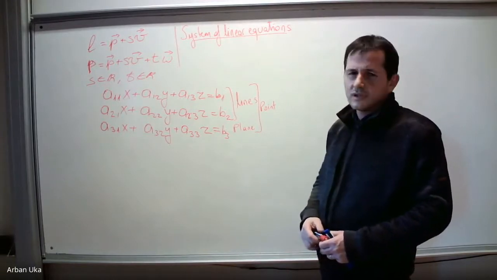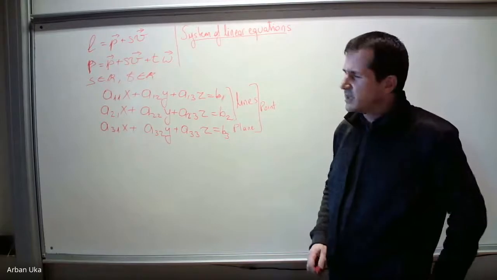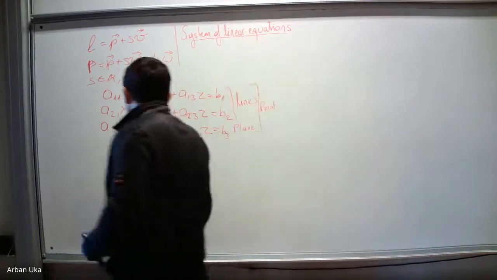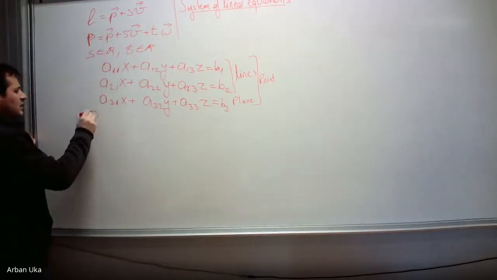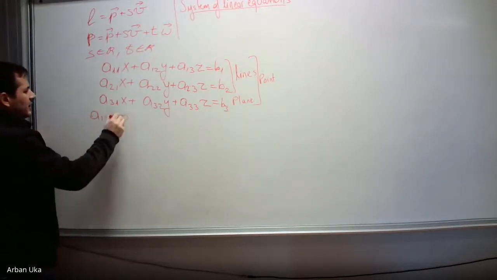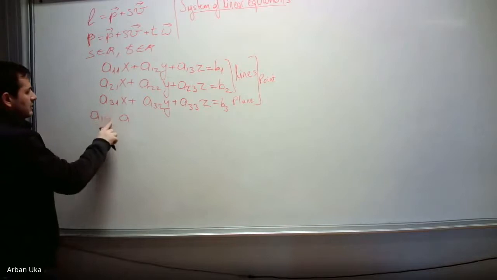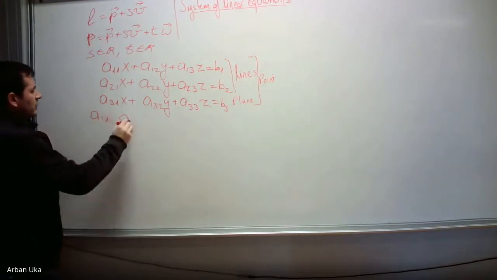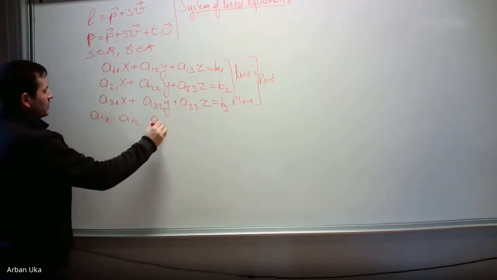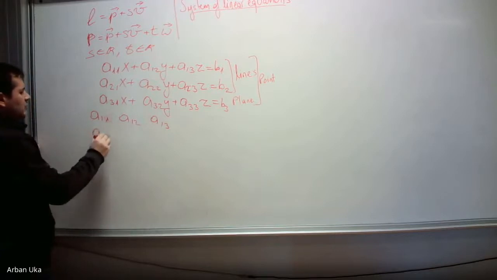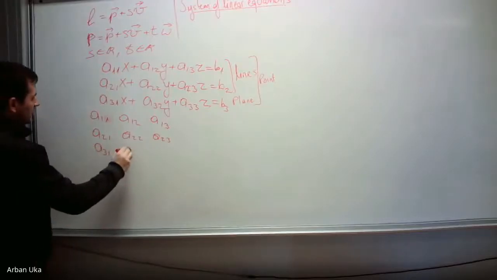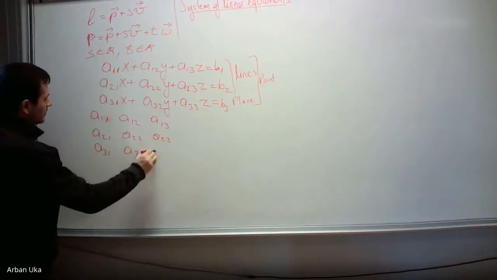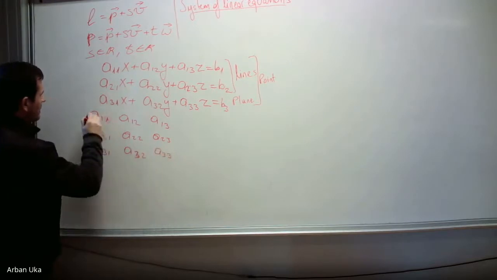Now, we can use the nice properties of matrices by rewriting this expression as follows. We have a11, a12, a13, a21, a22, a23, a31, a32, and a33.